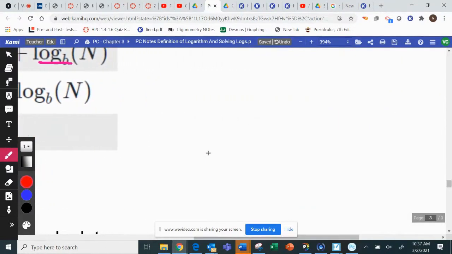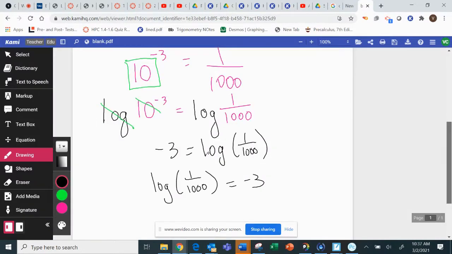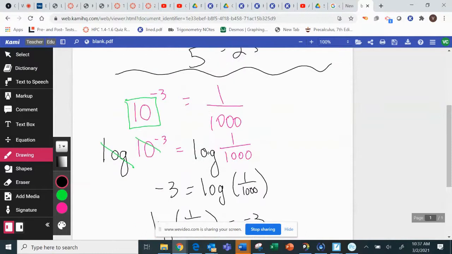So what was that one that I just did? This one right here, how we were doing log base 10 of 10 to the negative 3. And I told you guys that just cancels and you get negative 3.